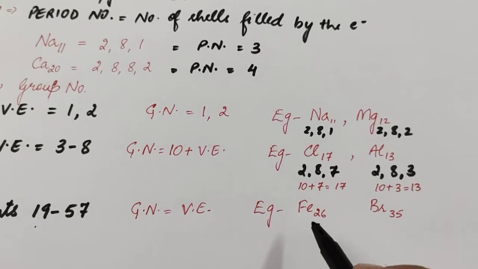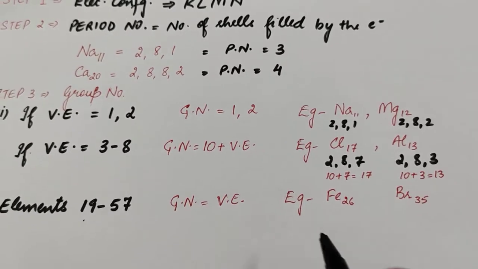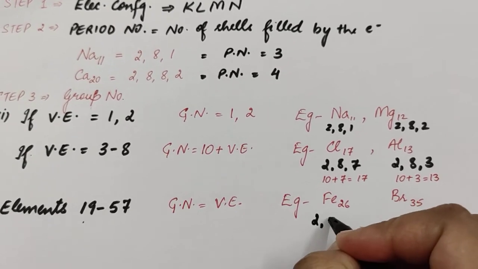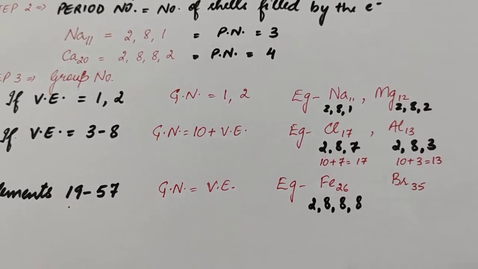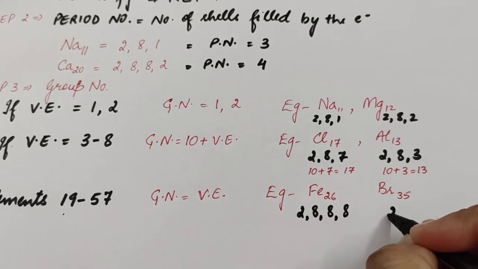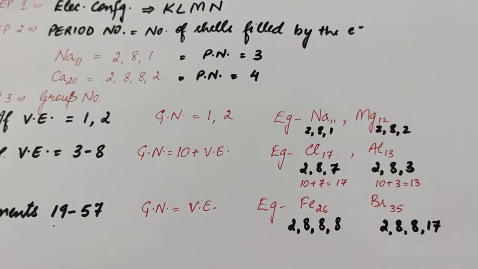So if we look at the electronic configuration of iron, it is 2, 8, 8, 8, and the electronic configuration of bromine is 2, 8, 8, 17.